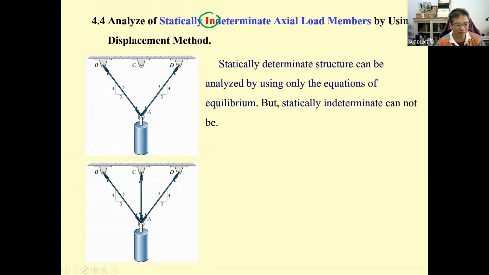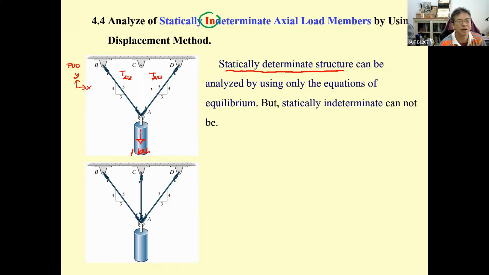We start with what we have known before, the statically determinate structure. Consider this one from engineering statics. We draw the free body diagram, and then we start by setting the reference axes. Let's say this has a 1 kilonewton weight, and we would like to know the force T sub AB in the cable AB, and T sub AD.